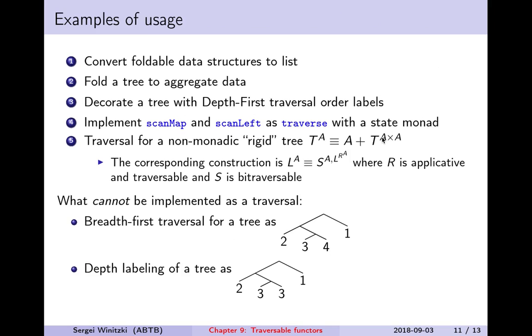So in this case it will be a pair, but in general it could be some other functor. And that functor must be both applicative and traversable. And if so, then I believe this construction will work as well. So this is a more general recursive construction.